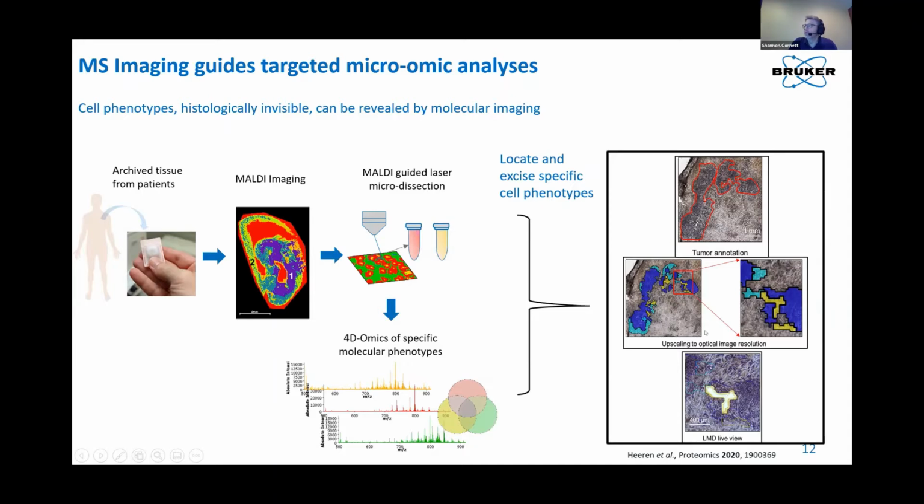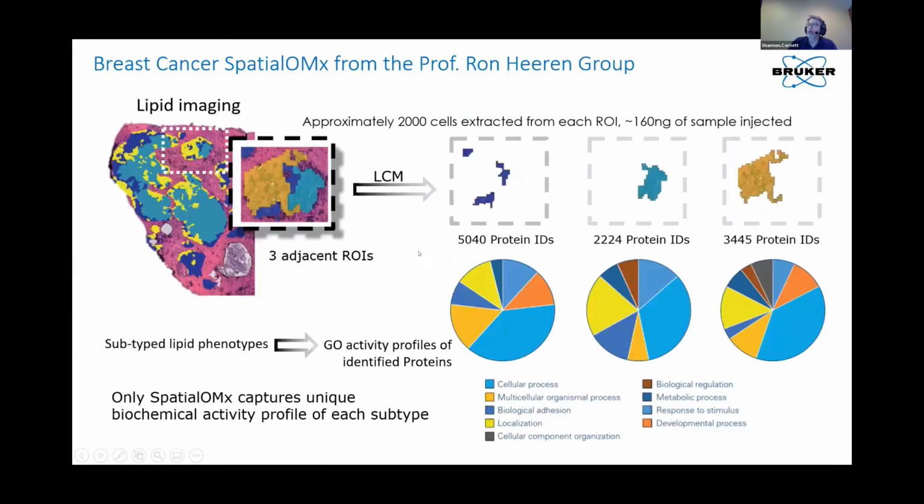And that's illustrated here, more precisely in the data from an application note. We have a breast tumor biopsy, and the tumor region, you see here, segments into 3 subpopulations based on lipid profiles. Each of those subpopulations can be sampled by laser capture microdissection, and the removed material subjected to a bottom-up analysis.